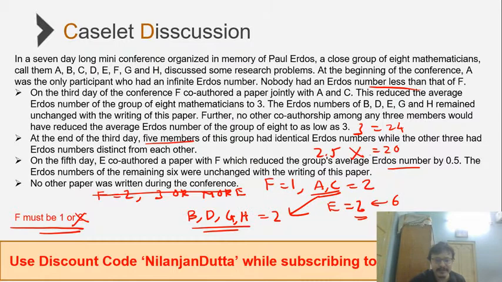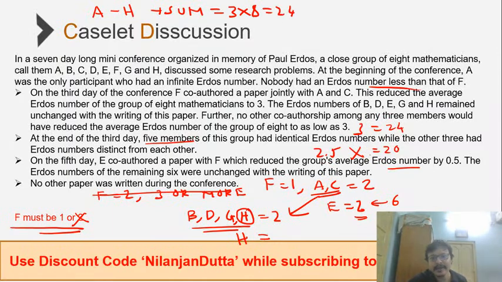Whereas one of them, let's take the example of H, is not 2. The remaining person would have an order of number such that A to H, the sum will be equal to 3 into 8, which is 24, where 3 is the average. What is A? A is 2, C is 2, B is 2, D is 2, G is 2. So that is 10.